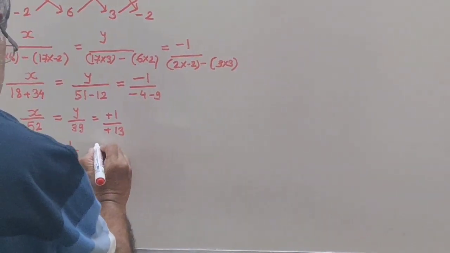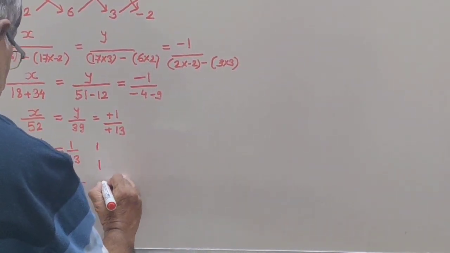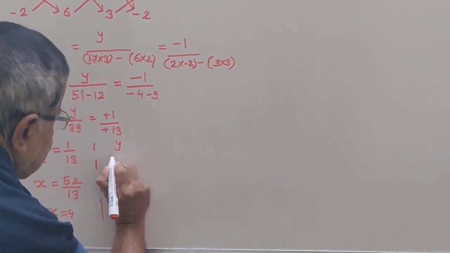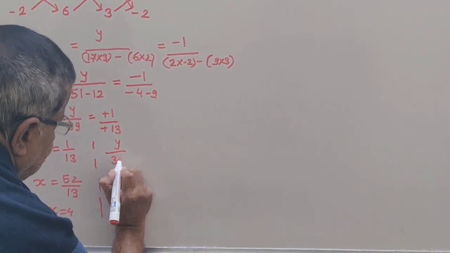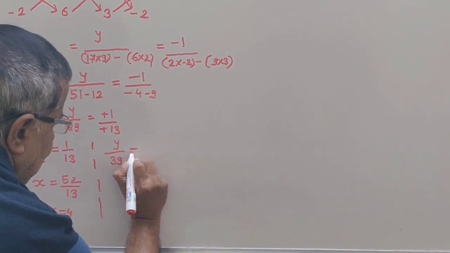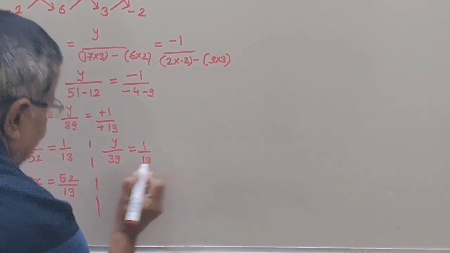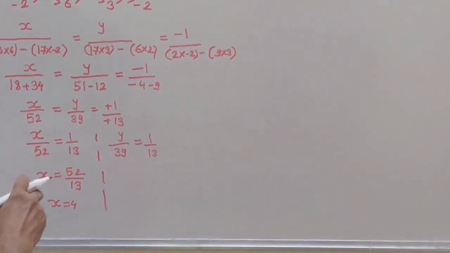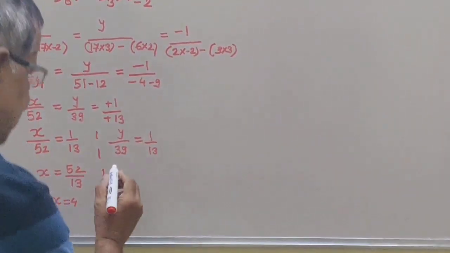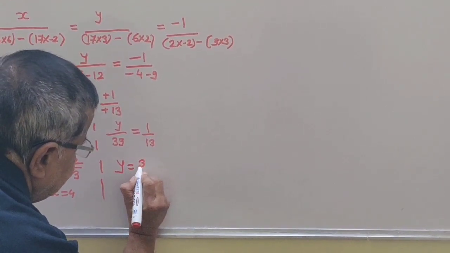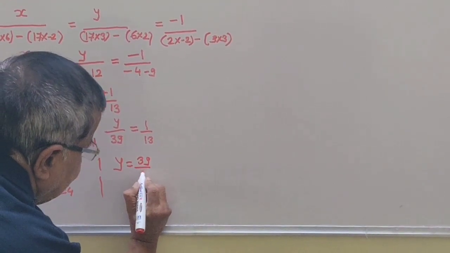Now I am equating y. Now y upon 39 is equal to, again I am writing 1 by 13, meaning I am equating x with constant, y with constant. Now again y is equal to 39 upon 13.